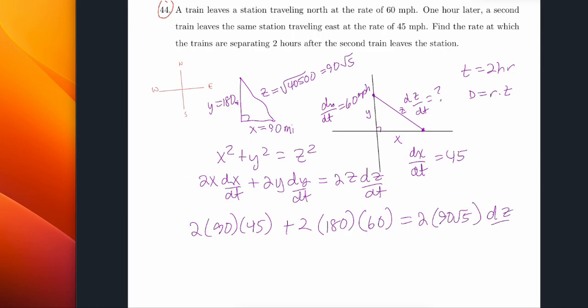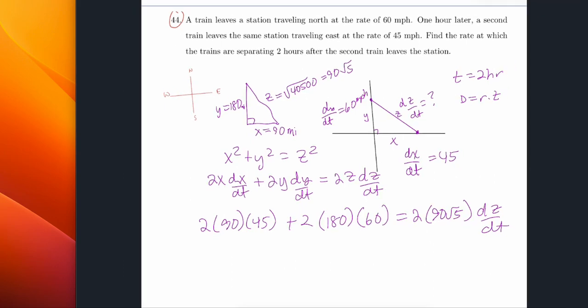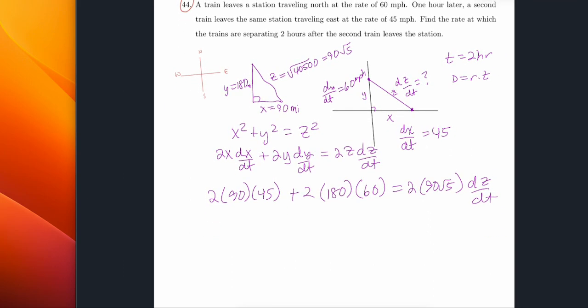And I don't know dz/dt, but that's what I'm finding. Okay. Let me get the left side into one thing. 2 times 90 times 45 plus 2 times 180 times 60 is 29,700. And that's 180 radical 5 times dz/dt.